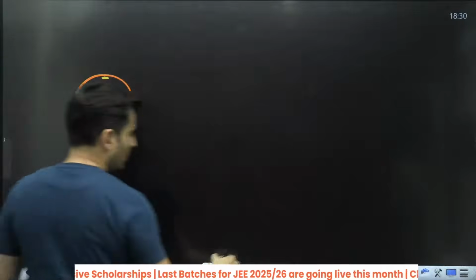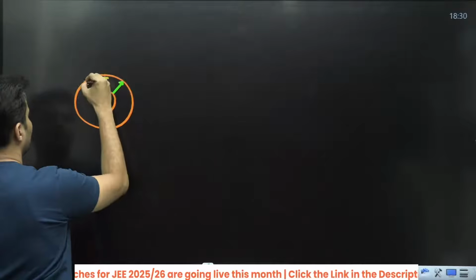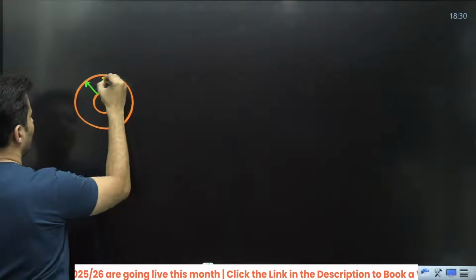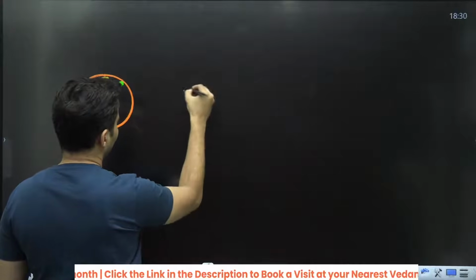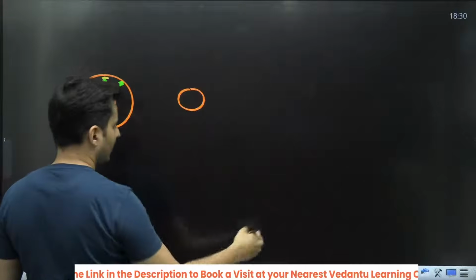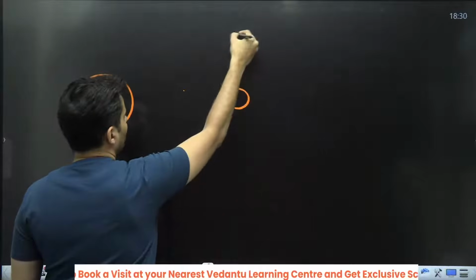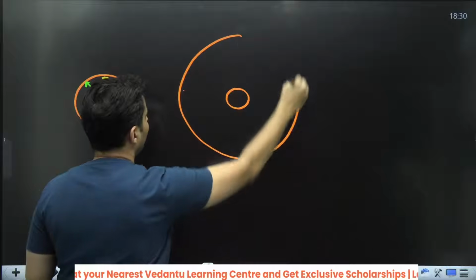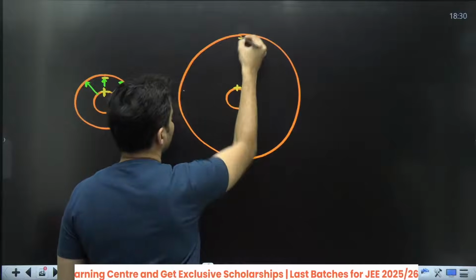This is negative. So you will see that the electric field will go from this to this. Now imagine I make that outer sphere a little bit huge. Again, this is positive, this is negative.